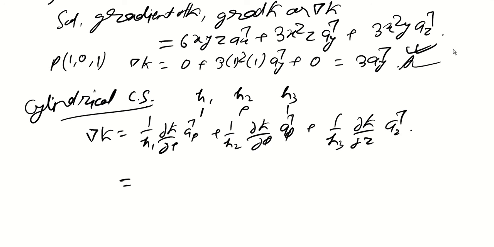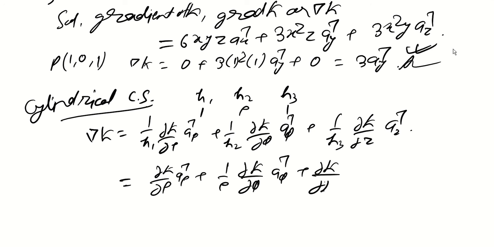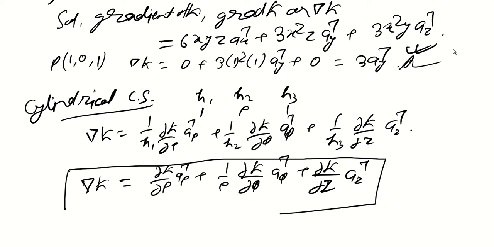Now by putting h1, h2, h3 we easily get dou k by dou rho a rho plus 1 by rho dou k by dou phi a phi plus dou k by dou z az. Understood? So this is your gradient of a scalar function k in the cylindrical coordinate system.